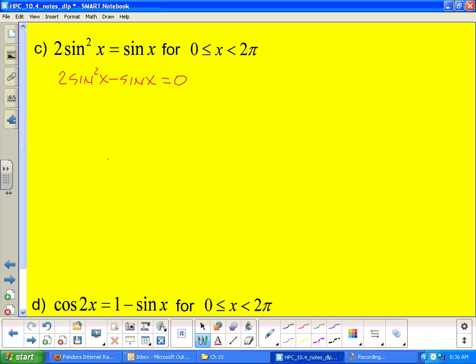And here, with only these 2 terms, the 2 sine squared x is not one of our double angles or a sum difference. So why don't we pull out a sine x first, and then I'll have a 2 sine x minus 1 equals 0.